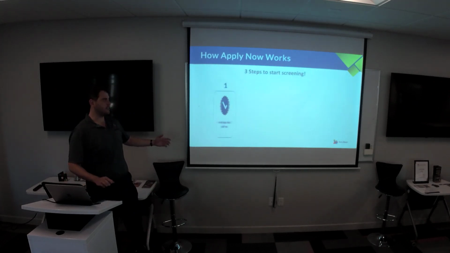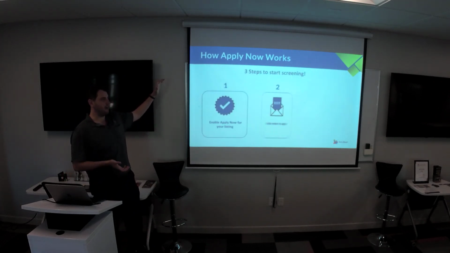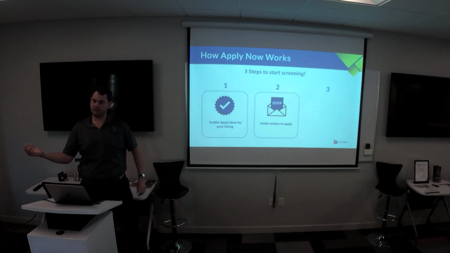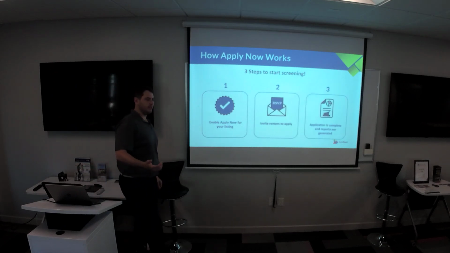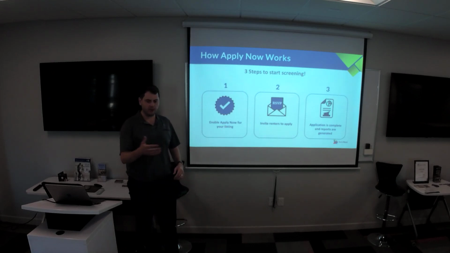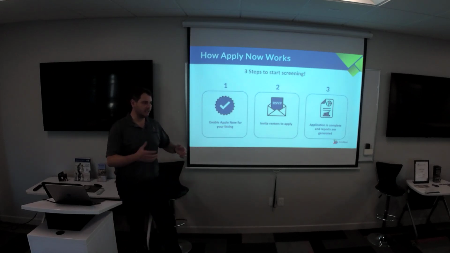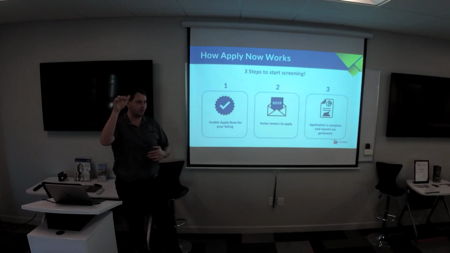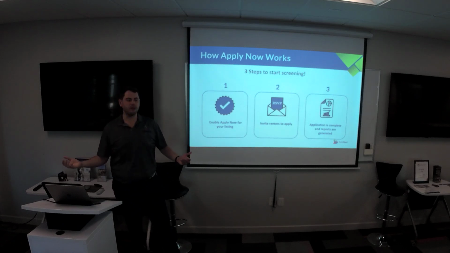So because we're on this, it's very simple if you have a rental listing, and even if you don't, to use Apply Now. I'll show you later, but you know how like if you're adding a listing within Flex, you go through a bunch of different categories to add a listing. It's no different within Rental Beast.